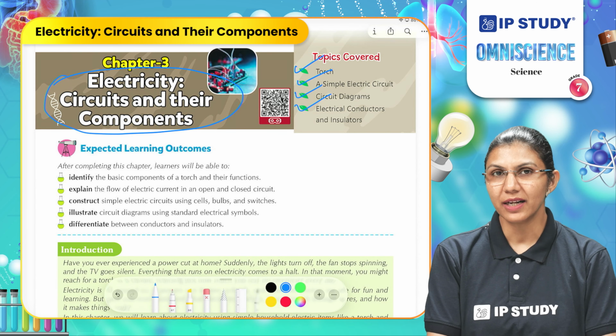The longer wire will be the positive terminal and connected to the positive terminal of the battery, and the shorter strand will be the negative terminal and will be connected to the negative terminal of the cell or the battery. That's how when you connect these components in a circuit, a closed circuit is formed.